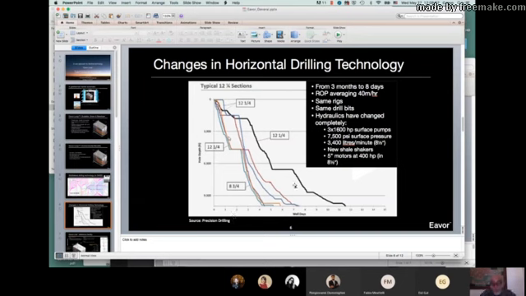Now, this graph here tells you, in time, the depth of the holes and the days you need to drill that well.